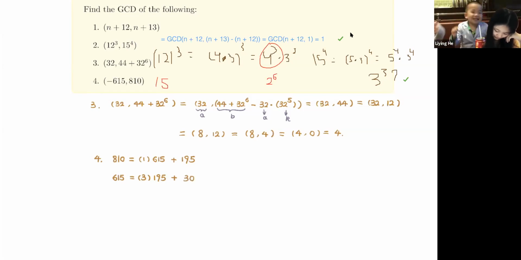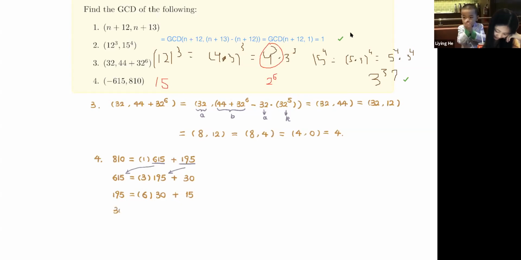So what I did is I put this number here, put this number here, and do the same thing. Next line, I'll have 195 equals something times 30 plus another number. That's going to be 6 times 30 plus 15. And then 30 equals 2 times 15 plus 0.